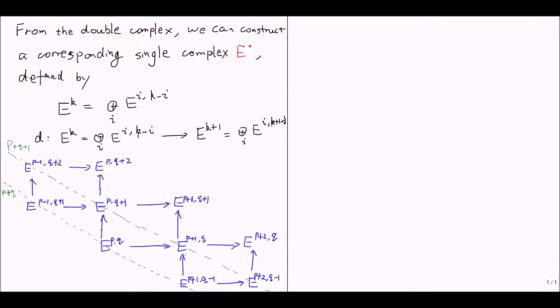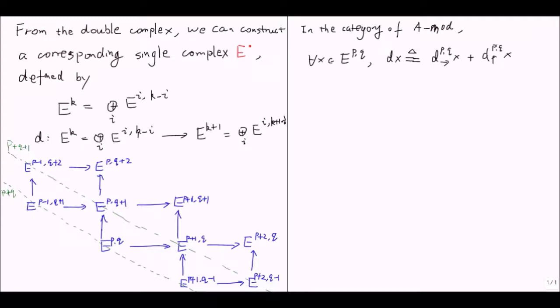In the category of R modules, there's an obvious way to see what this map d is. For each element x in E sub p, q, d of x will be defined by d-right p,q of x plus d-up p,q of x.